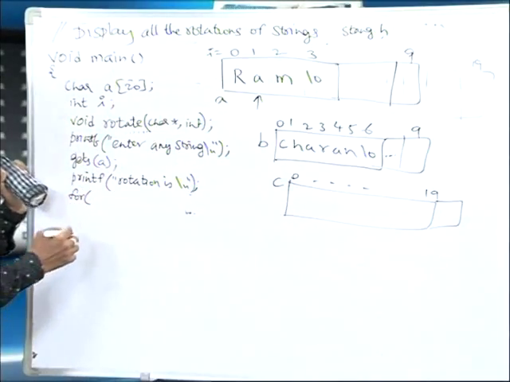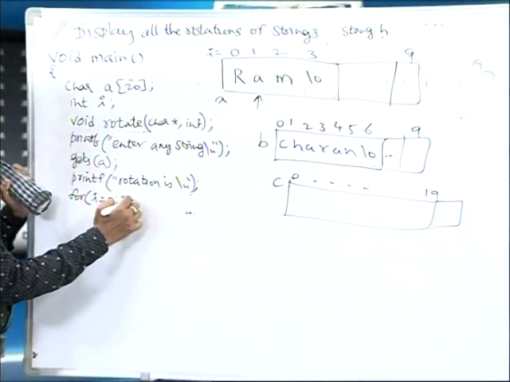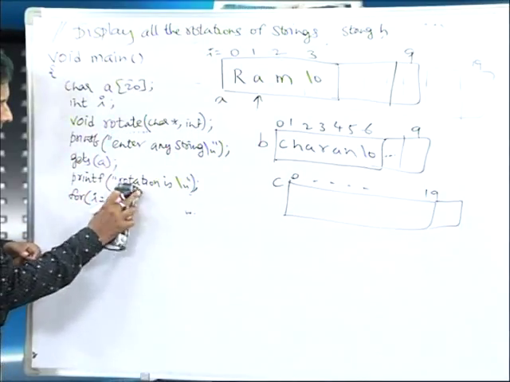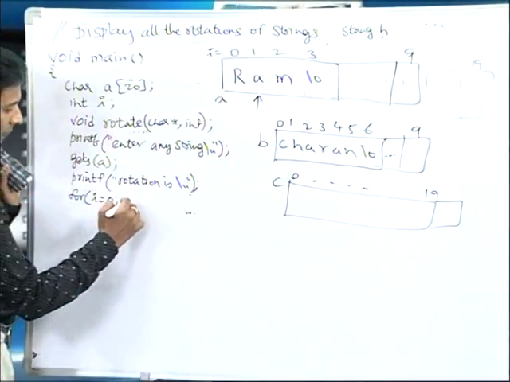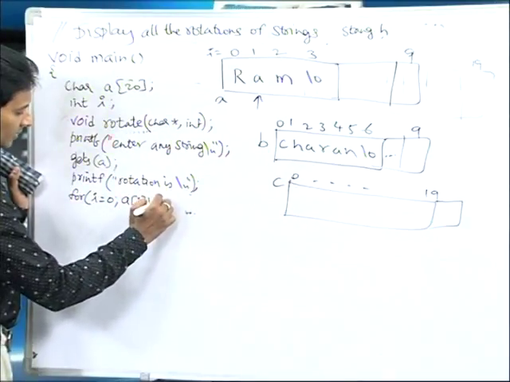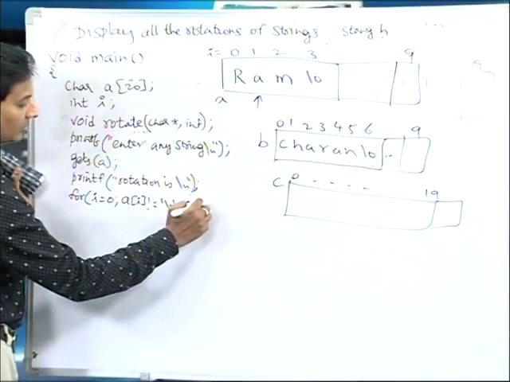For i equal to 0, i less than a of i not equal to backslash 0, i plus plus.